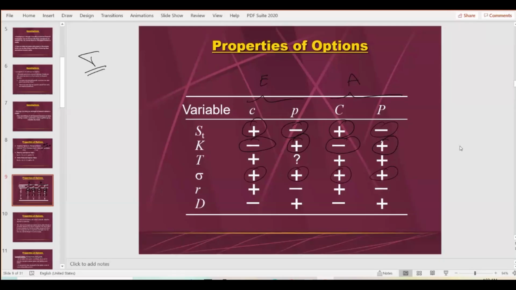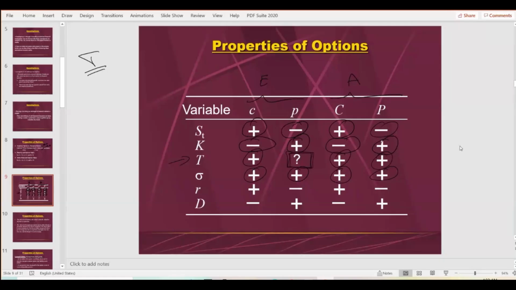Now, regarding the time till expiry, mainly the time till expiry has a positive relationship, as we did see. Mainly with American options, there's always this positive relationship. However, with European options, we have a special case. With the call option, it's a positive relationship.